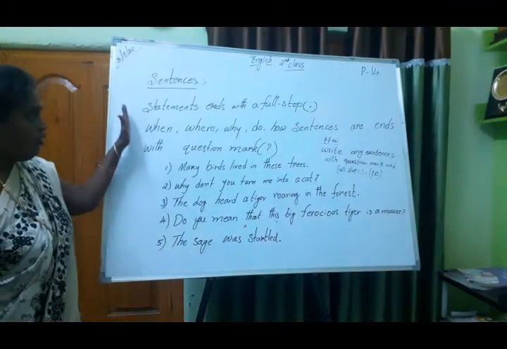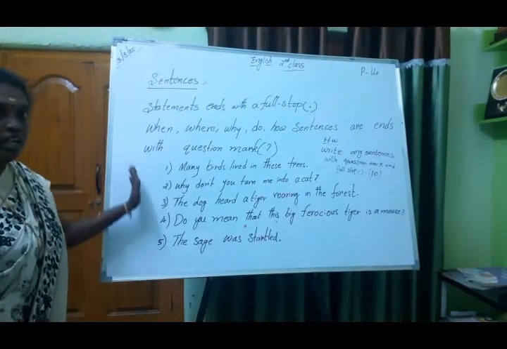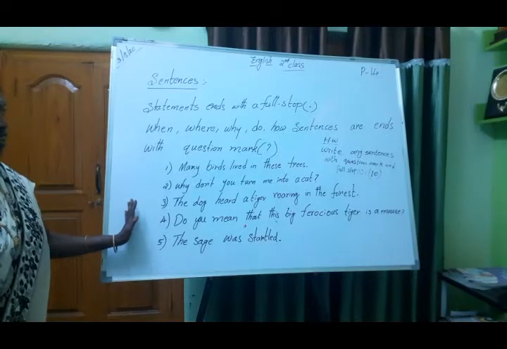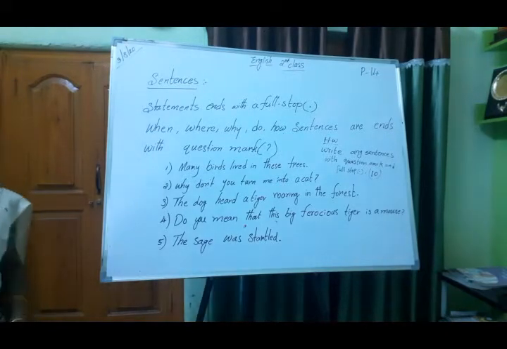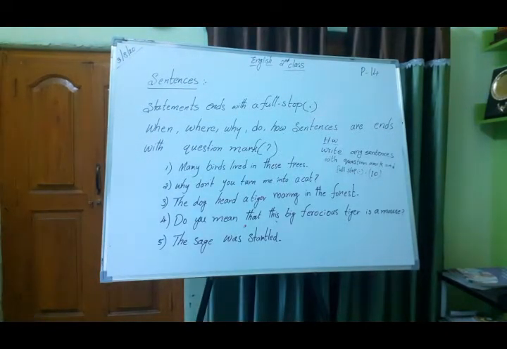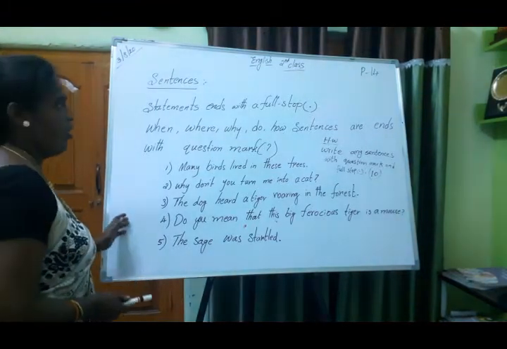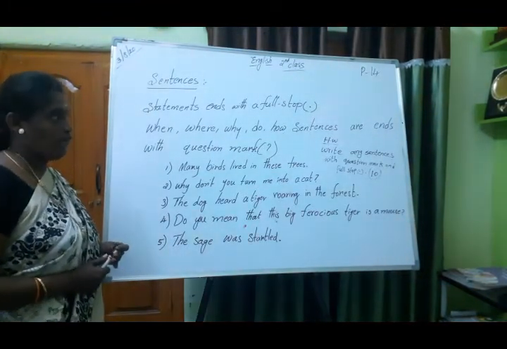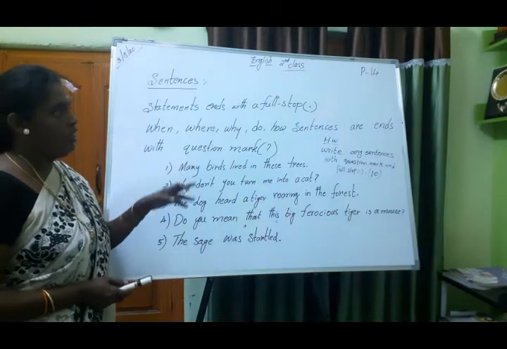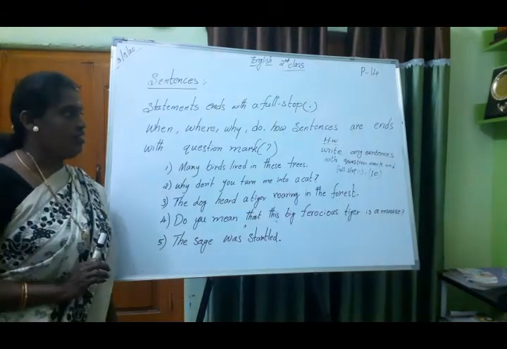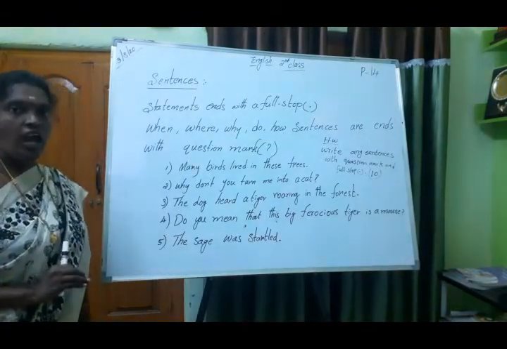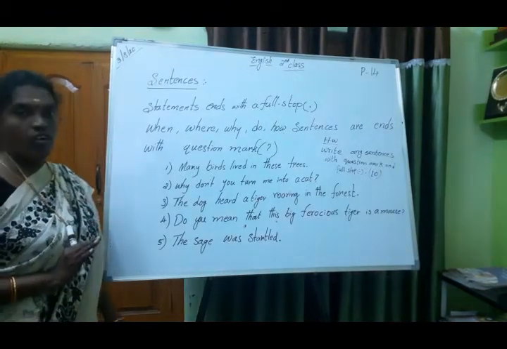Okay, children? If anybody has not completed this one, complete it fast. Okay, children? You understand now? The homework is write 5 sentences with question mark and 5 sentences with full stop.